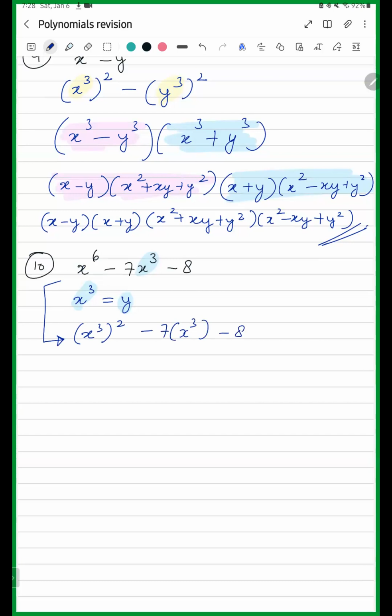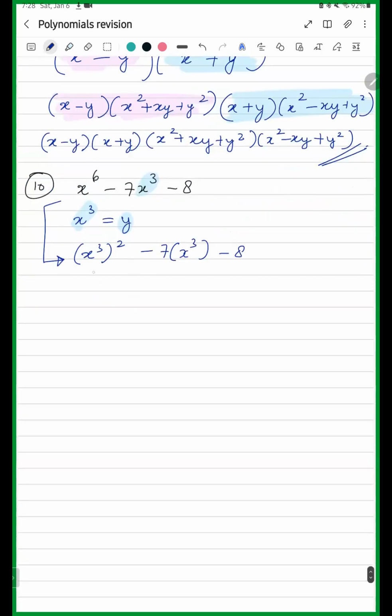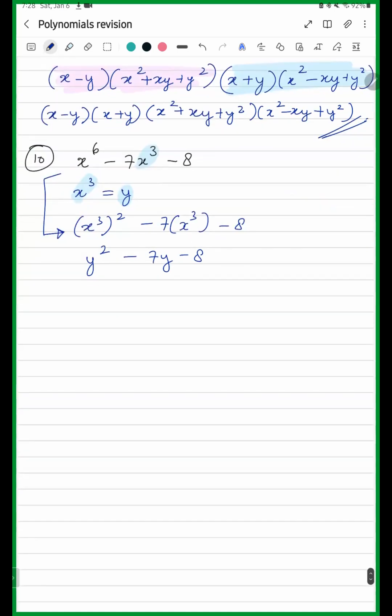So x cube whole square means y square, y square minus 7y minus 8. This can be easily solved. Please leave space for this. This is going to be your homework.